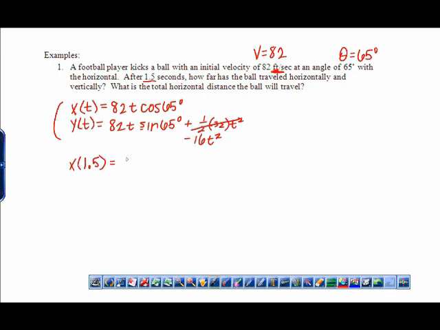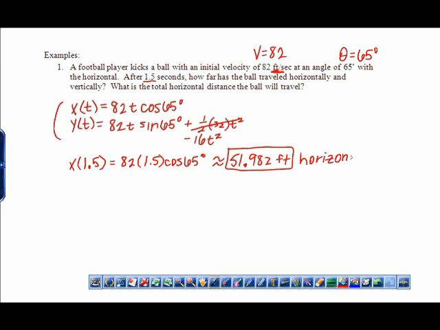So this is just what is 82 times 1.5 times cosine of 65 degrees. And you're going to have to approximate this. And our units here are going to be feet. And I'm going to go ahead and put in the word horizontally after it, just to be really specific with my answer.